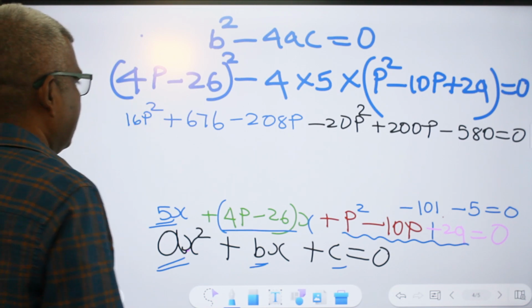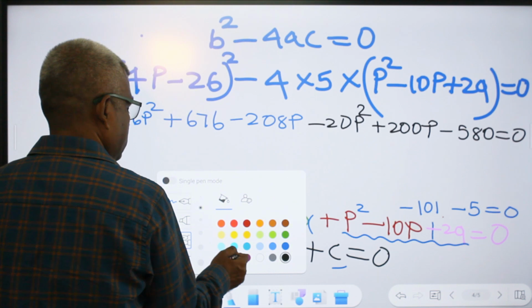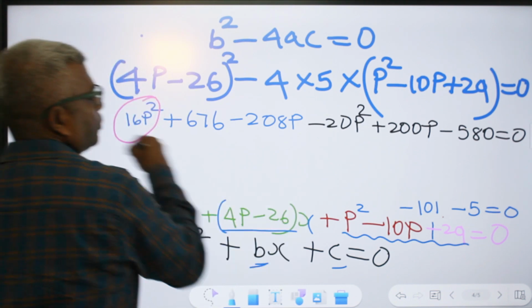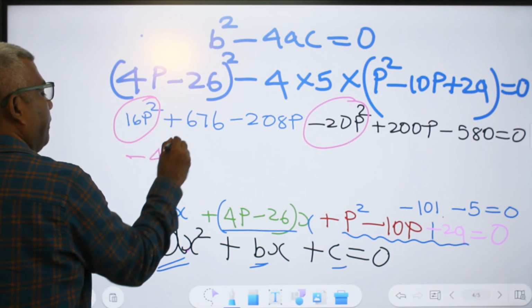Okay, now combine like terms. 16p squared minus 20p squared, what will be? Minus 4p squared.